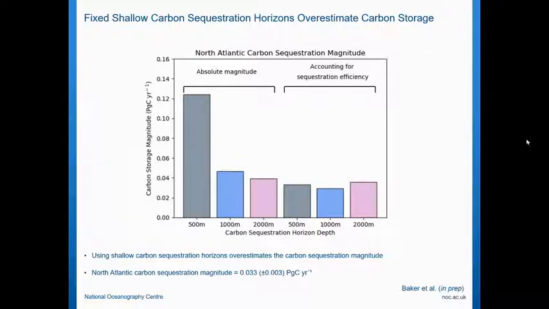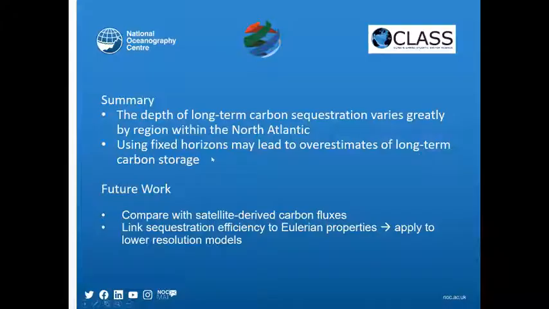And then I had just a very quick summary slide to say that the main 2 points from this work so far are that the depth of long-term carbon sequestration varies greatly by region within the North Atlantic, and so using these fixed horizons may lead to overestimates of long-term carbon storage.